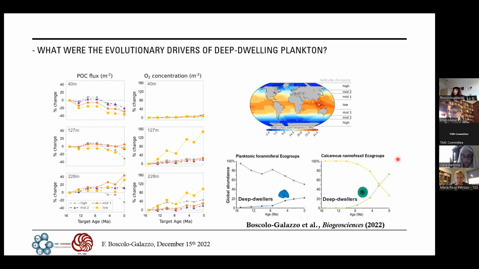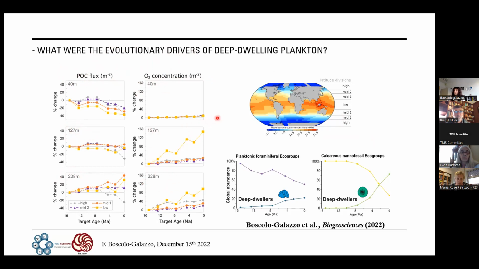So what could be the evolutionary drivers behind this? Here I'm showing the abundance versus some of our model outputs. The parameters I'm showing here are particulate organic carbon flux extracted for different depths in the water column, you can see here 40 meters, 127 and 228, and oxygen concentration, again at different depths in the water column.